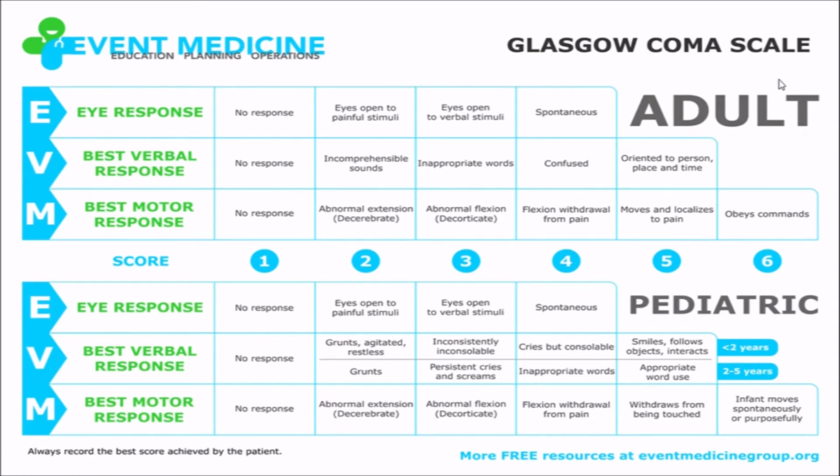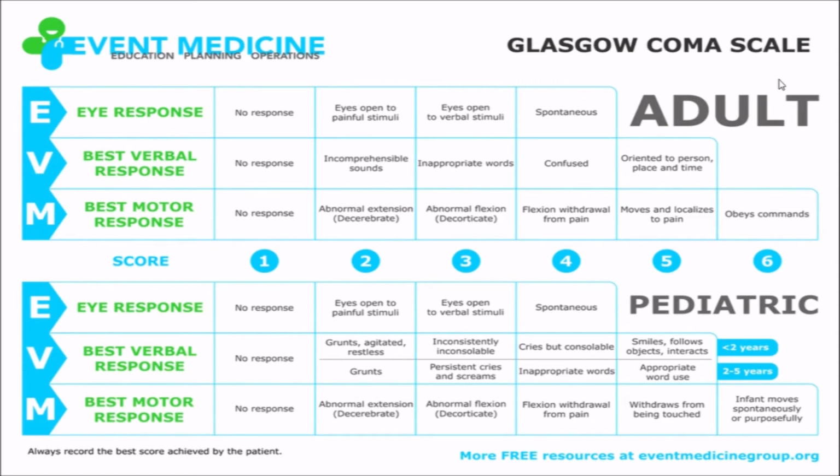The best verbal response records the best level of speech. 1 indicates no verbal response, 2 indicates incomprehensible speech like moaning but no words. In pediatric, inconsolable and agitated. 3 indicates inappropriate speech, random or exclamatory articulated speech but no conversational exchange.